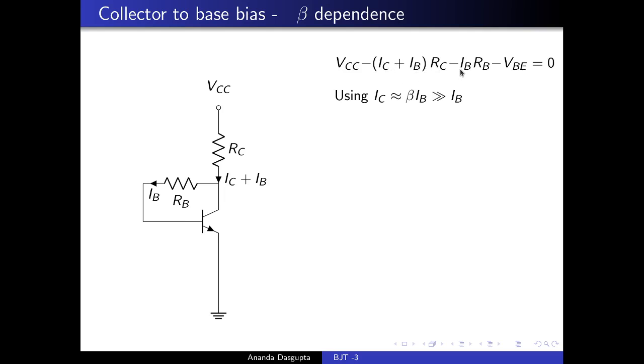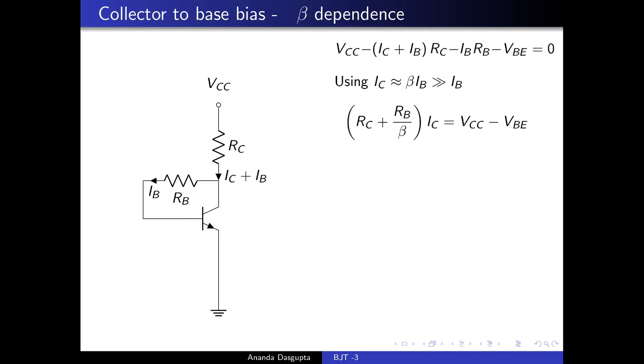And here I can replace the IB by IC by beta. So these two terms together will essentially give you IC times RC and IC times RB by beta, which means together they give you IC into RC plus RB by beta. And hence this equation simply gives you this particular value for IC. IC is VCC minus VBE divided by RC plus RB by beta.